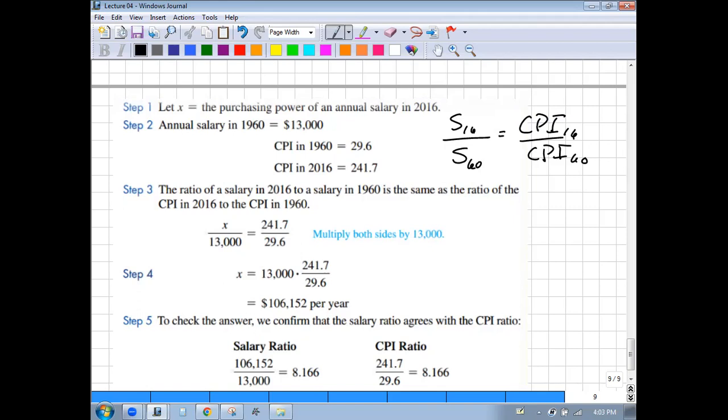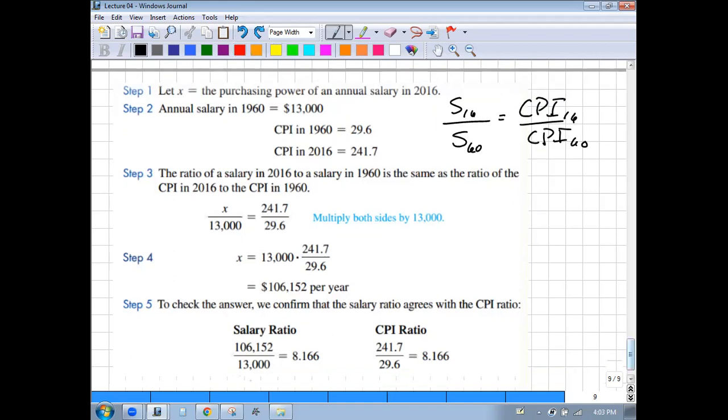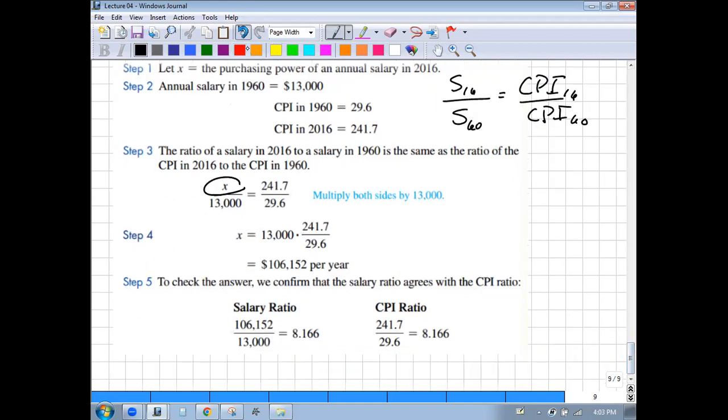The ratio of some amount of money in 2016 compared to 13,000 in 1960, the CPI ratio should be the same. Okay, so that's how we utilize that. So here we set it up. X is our 2016 equivalent of 13,000.